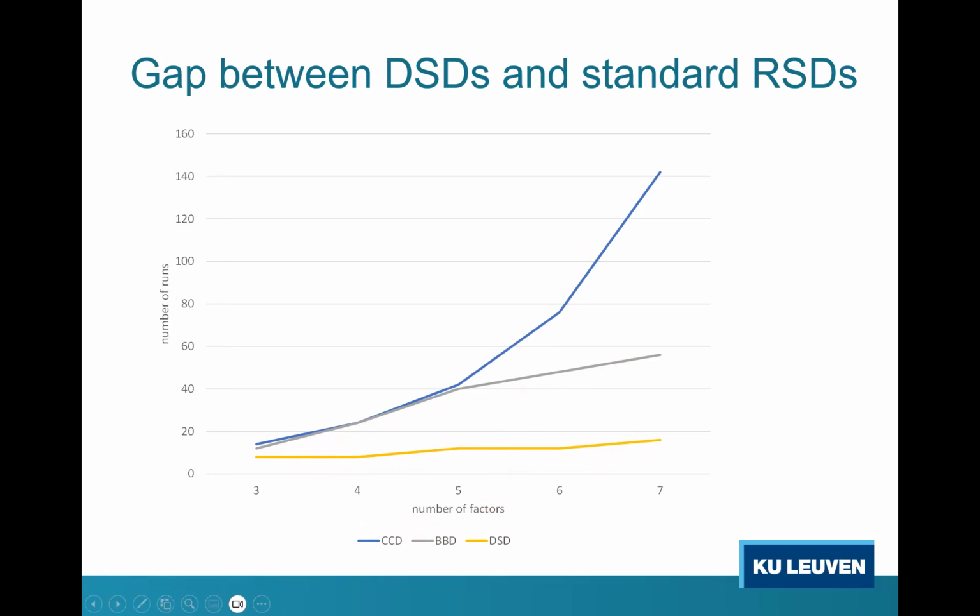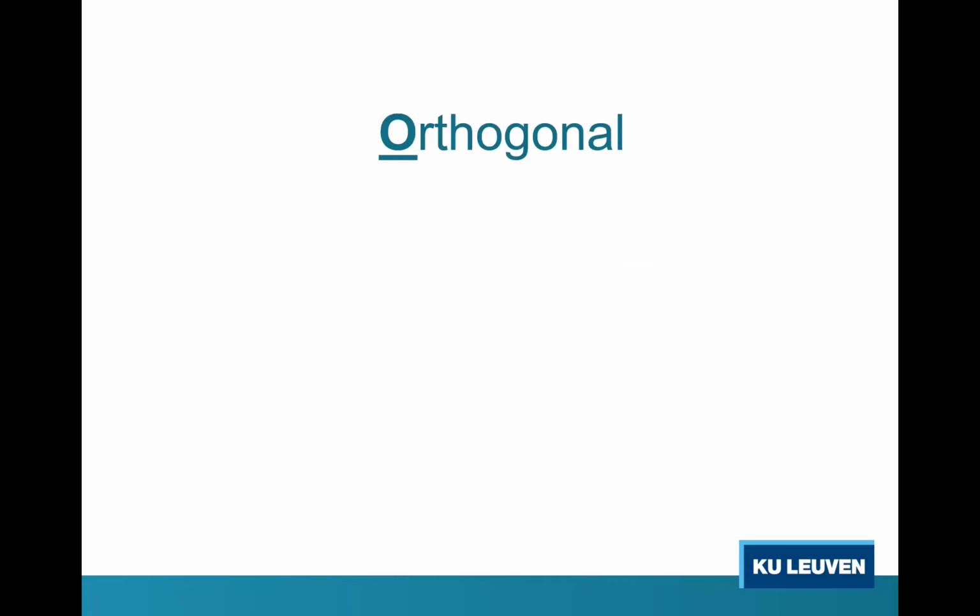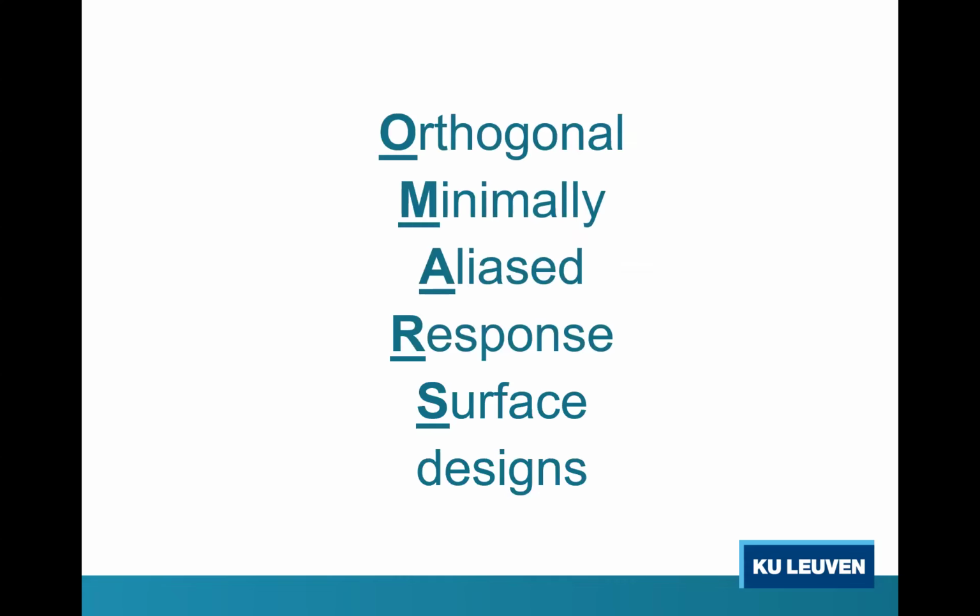And in between the definitive screening designs and the traditional response surface designs, there is this big gap that we filled with that new family of experimental plans. And we call these new experimental plans OMARS designs. OMARS is an acronym which stands for orthogonal minimally aliased response surface designs.